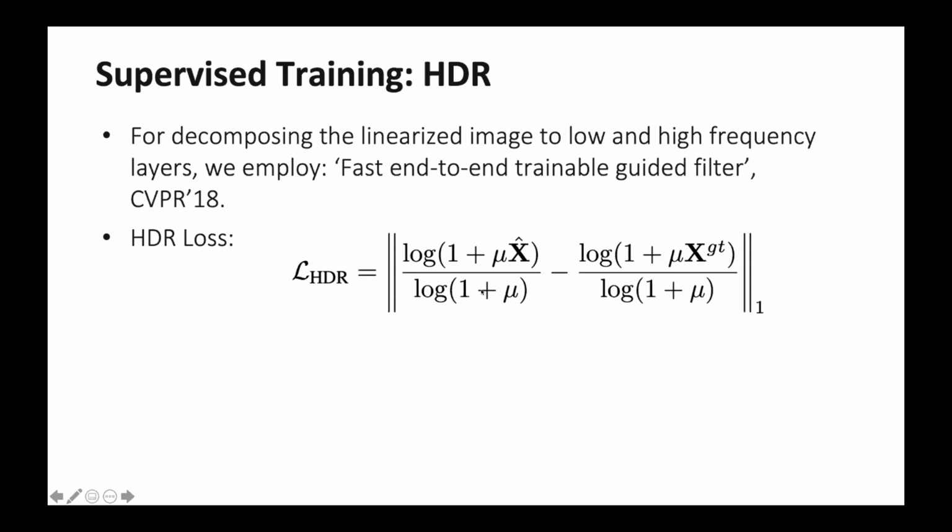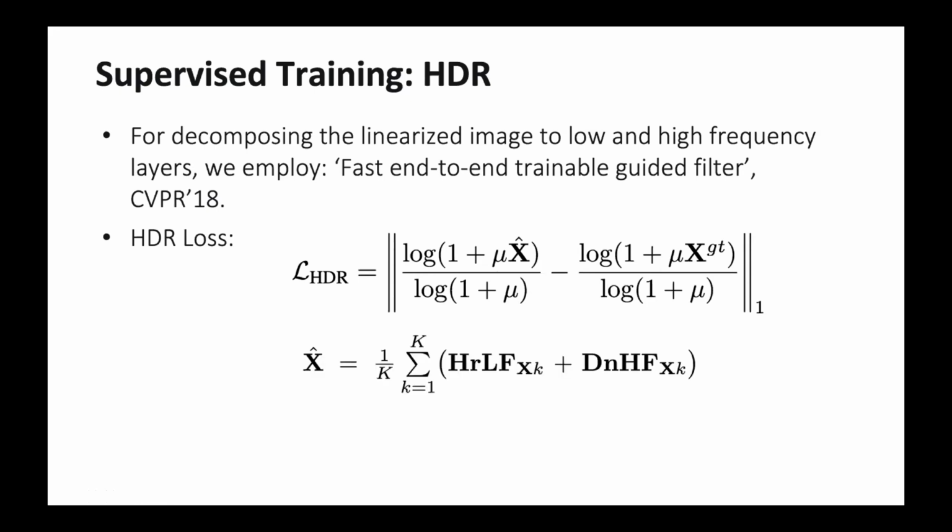The reason is quite straightforward, because image X can have very high and very low intensity, and we don't want a loss that is dominated by the high pixel values. We want the low pixel values to also play some role in this loss. So we suppress the high pixel values by using this nonlinear transformation, log.